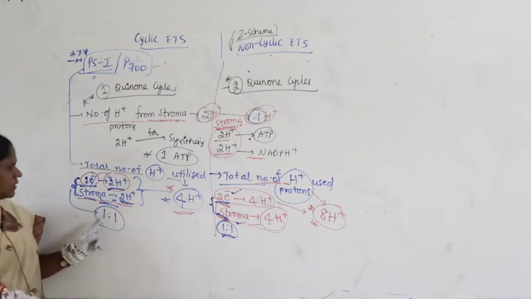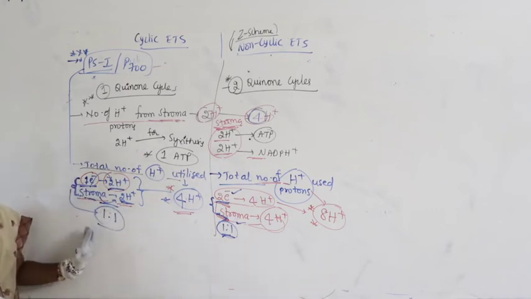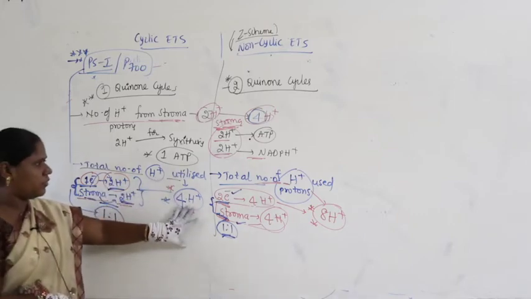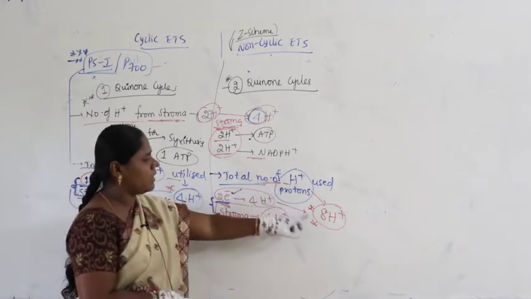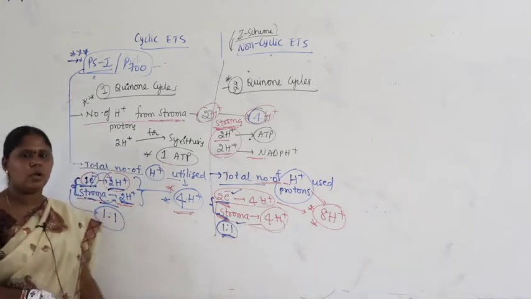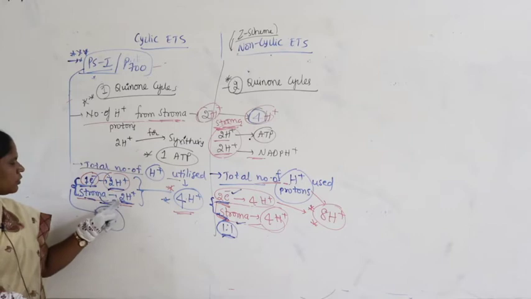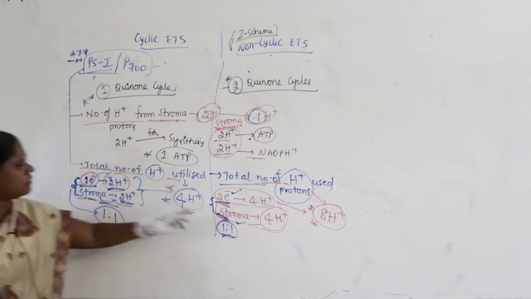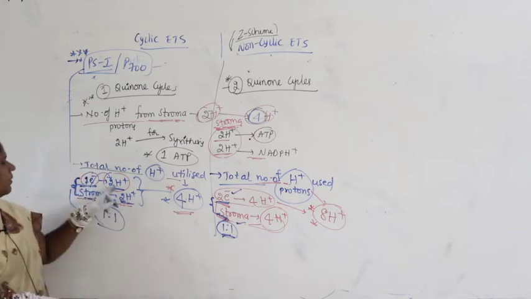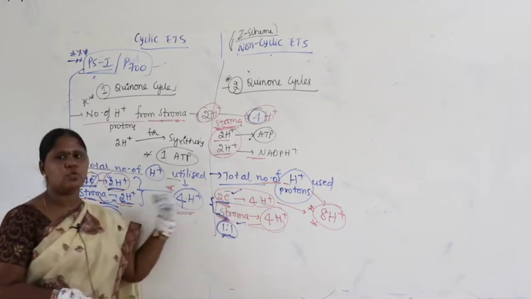I asked you just now, the ratio between electron and stroma of their proton contribution is 1:1. Suppose the question is total number of protons utilized: here it is 4, and here the total number of utilized protons is 8. So what is the ratio? 1:2, right? Similarly, suppose they ask about the proton contribution of stroma from this to this, then 1:2. The protons coming from electrons of cyclic to non-cyclic, here 2, here 4, 1:2.